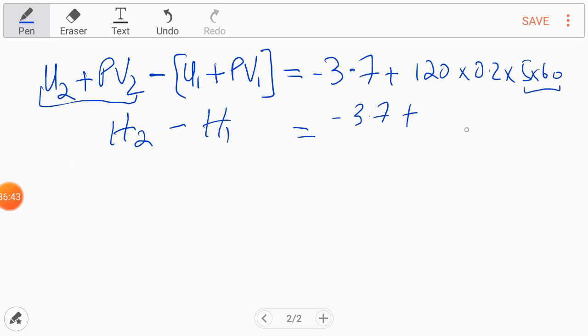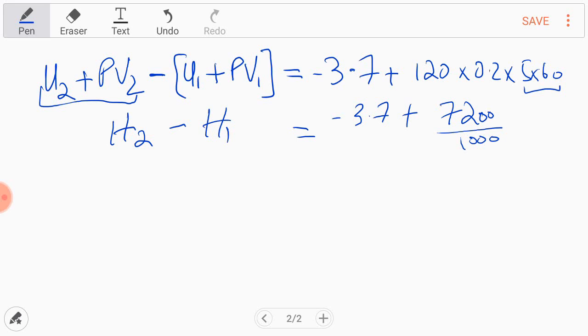So by multiplying this whole, we get the answer 7200. This is equal to 7200, but we take this Q loss in kilojoules, so we also need to divide this by 1000, so then it becomes 7.2.